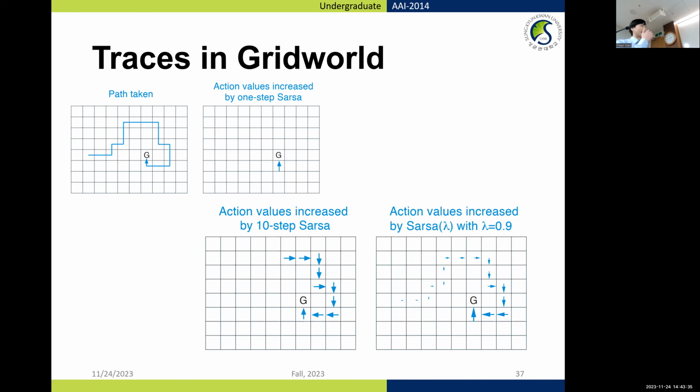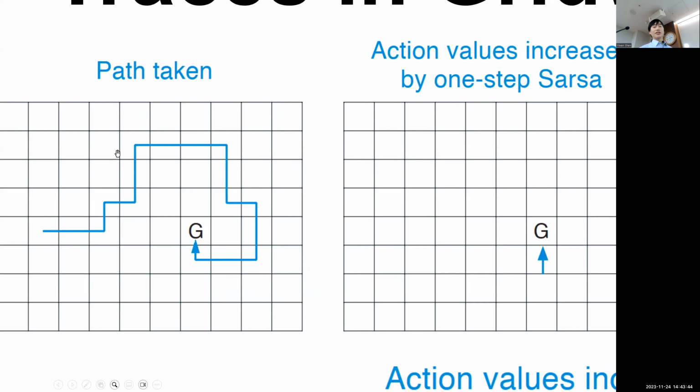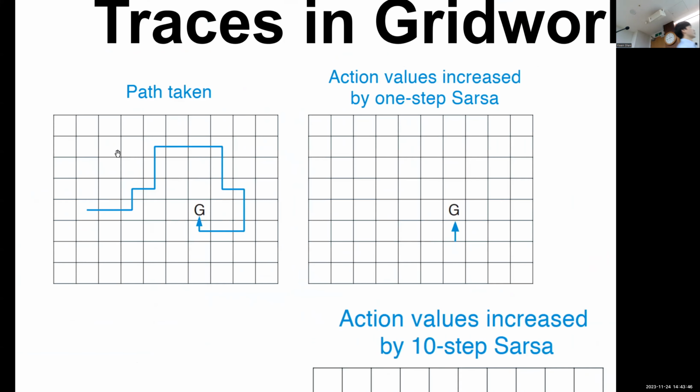Now we look at an example. What exactly does it look like in the grid world? Previously, if you remember, we learned this grid world. Our starting point is here. Then we want to move to this goal place. For example, we generate this trajectory. If it's one-step TD with action value, one-step Sarsa, you remember the setting, right?